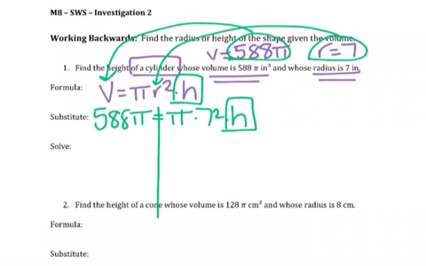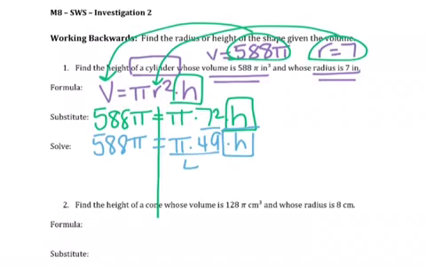The first thing I can do is simplify my exponents. So I can see that I have pi times 49 times the height, which I need to get by itself, is equal to 588 pi. Everything is joined by multiplication, so to undo everything, we're going to have to divide.